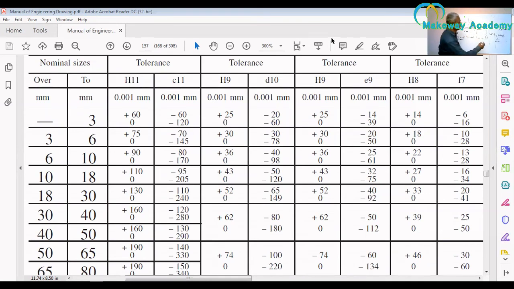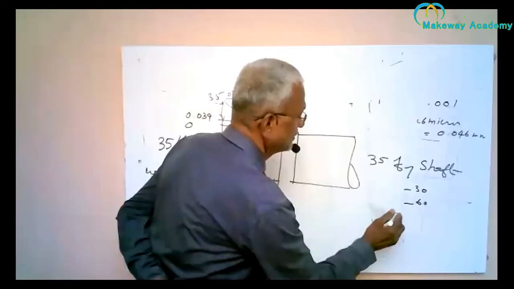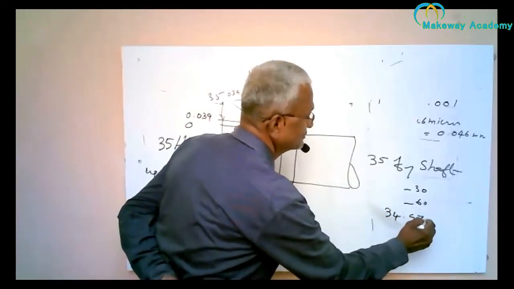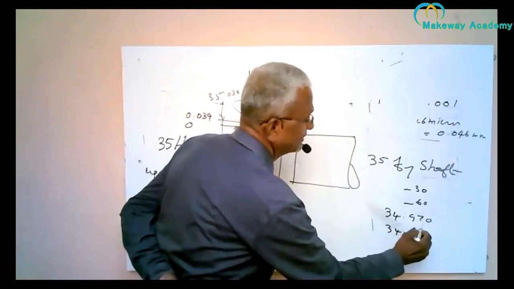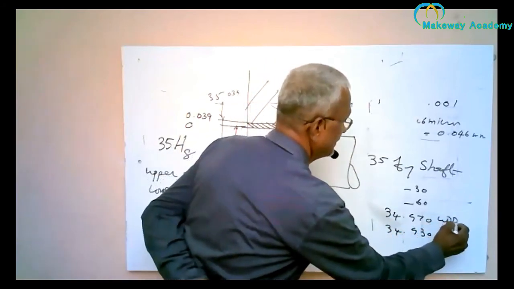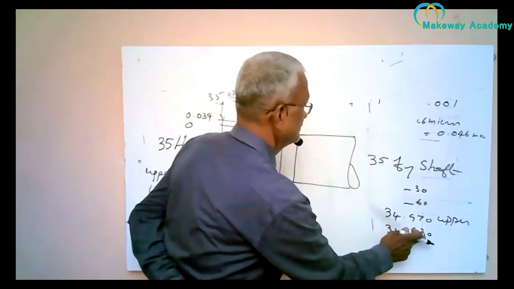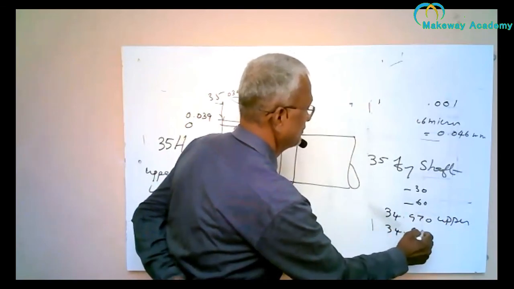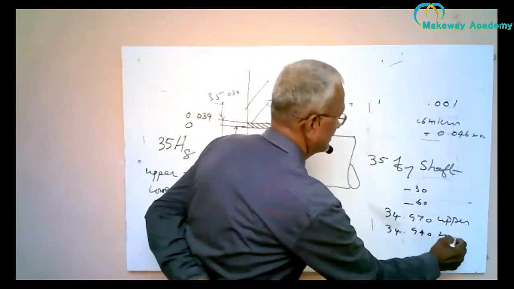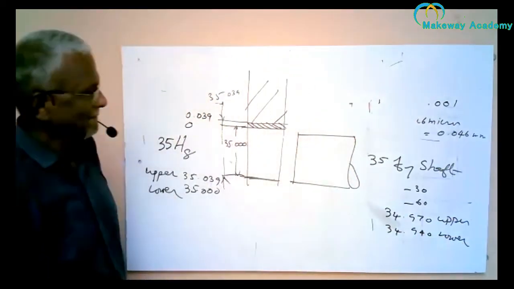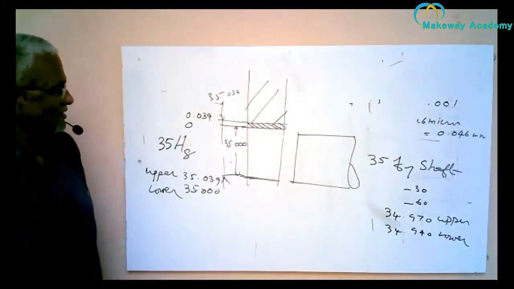So what is the shaft? Upper limit is 34.970. Lower limit is 34.940. Upper limit, lower limit.